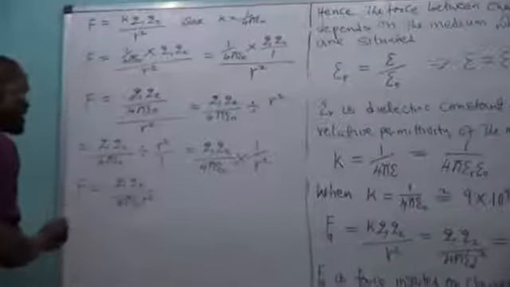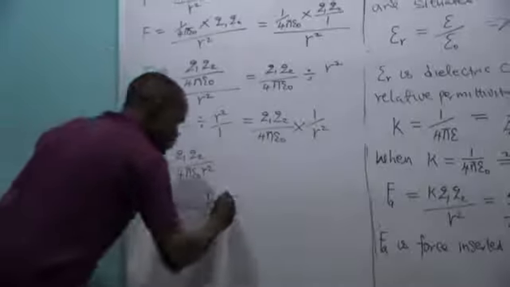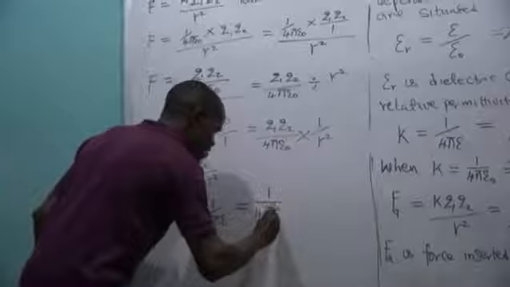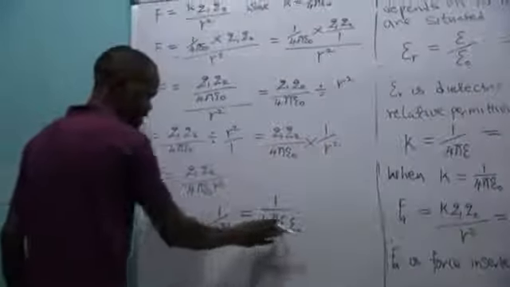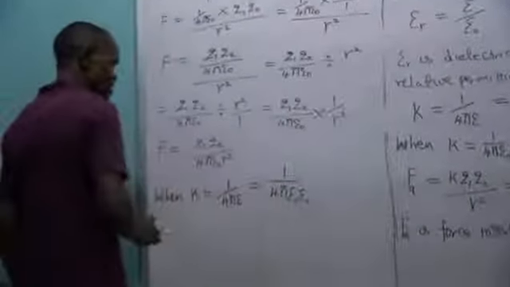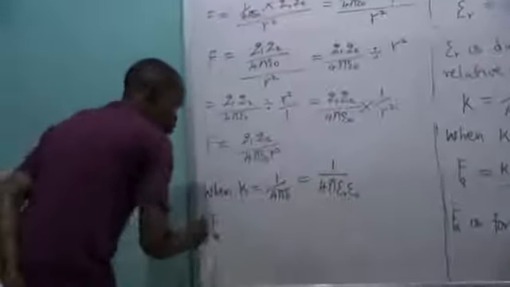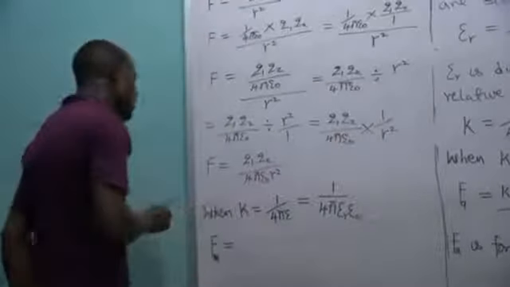Then now, what of when K is equal to 1 all over 4 pi epsilon, where epsilon is epsilon R times epsilon O. Remember, when this term was not given to me but the dielectric constant is given, I multiply it with epsilon O and I will have this term. So now I will have F_m, which is the force exerted on the charges in the medium.